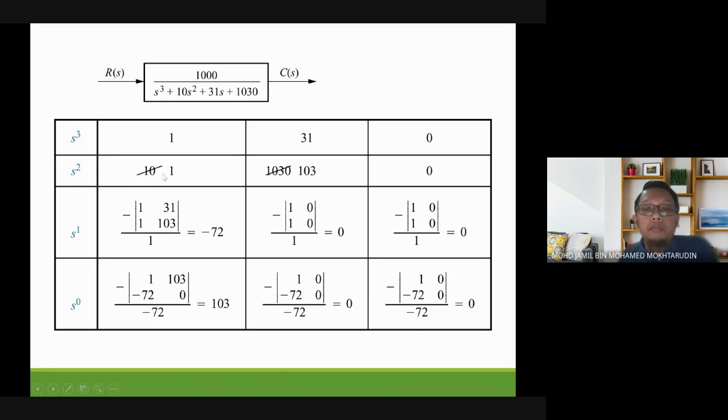And then 31, and then 1030. Okay, so you don't need to put the last column because there are no more coefficients. But in this example, you just put the 0 for nothing, okay, for nothing.